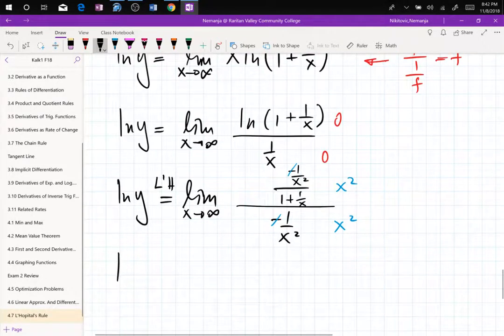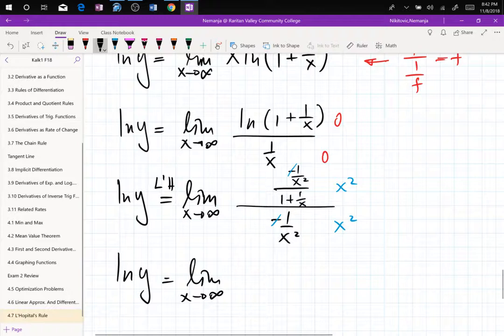So ln y is equal to the limit as x goes to infinity. And now this line here becomes the main division line. The denominator is all gone and canceled. I have 1 plus 1 over x in the denominator, and then the numerator is just 1. Because this x squared kills this x squared, and this x squared kills that x squared, and that's it.